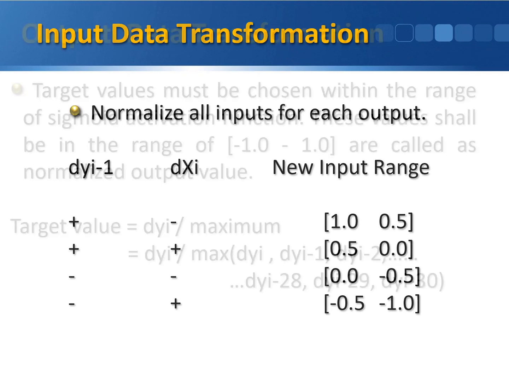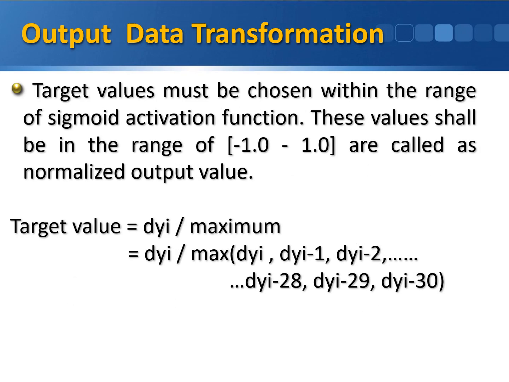We have 2 outputs. When it comes to target values, the teacher output, we know very well that we are going to use the sigmoid activation function. Therefore the target value must be chosen within the range of the sigmoid activation function, as I explained in the previous class. So these values shall be in the range of -1 to +1.